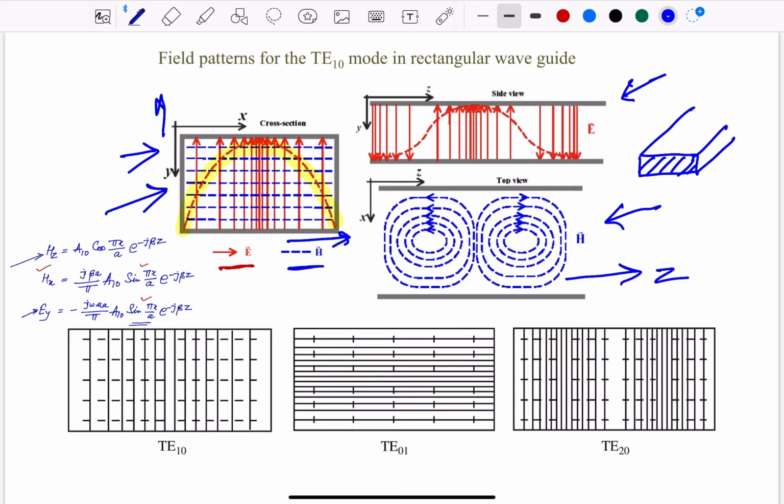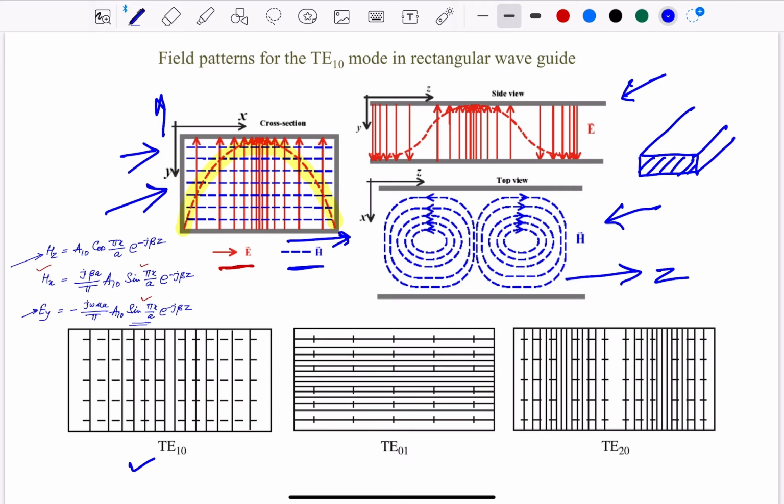Now, in an easy way, how to identify these modes is sometimes very important. However, we are mainly focusing here on the TE10 mode. So here you can find this is a TE10 mode.